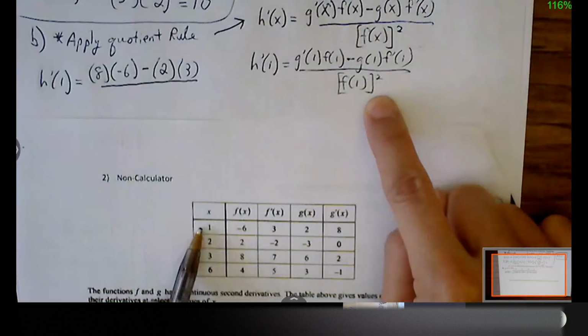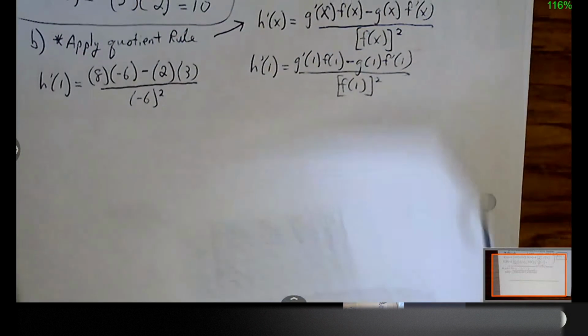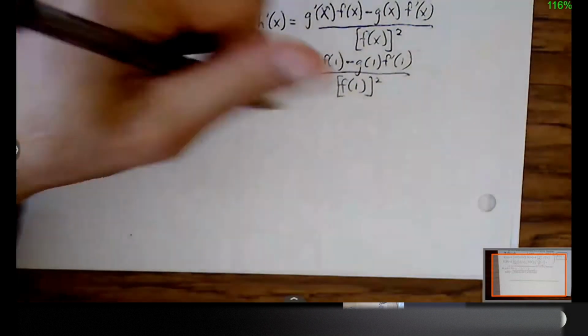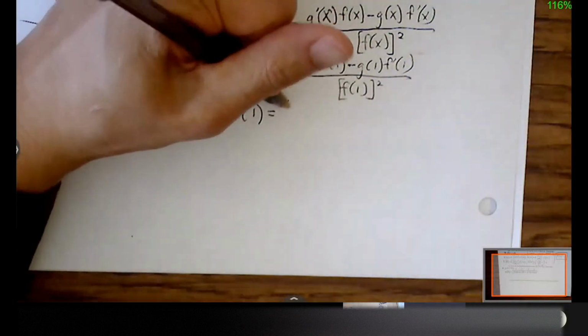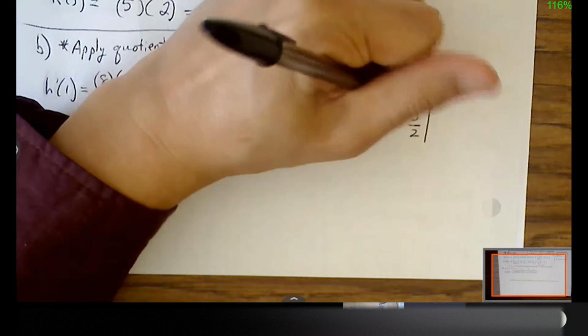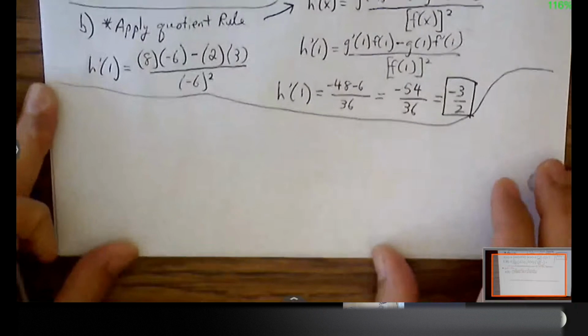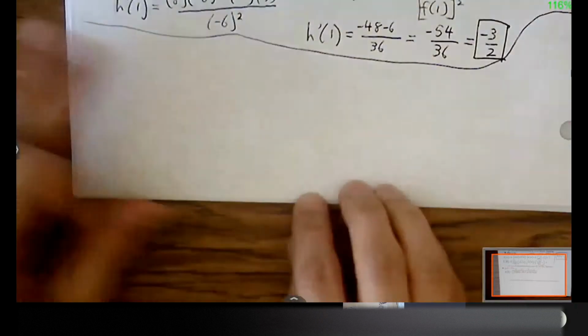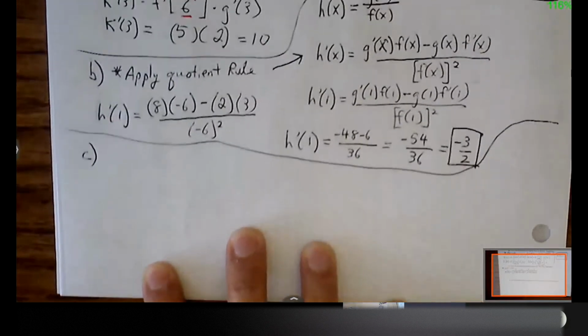F of 1 squared, it's negative 6 quantity squared. All right, any questions with part B?